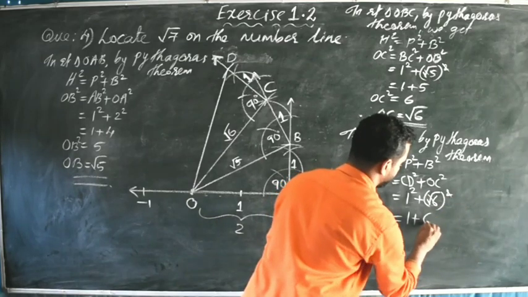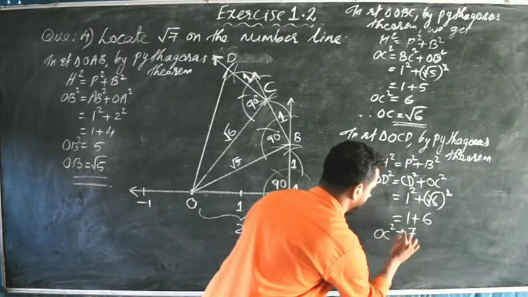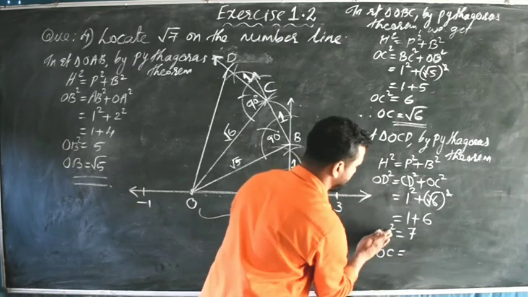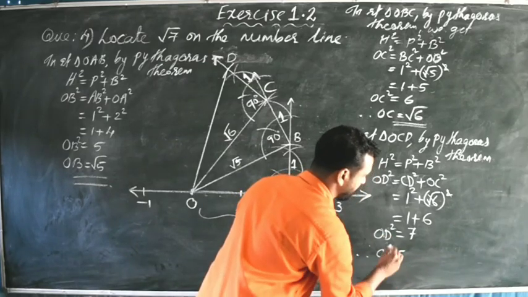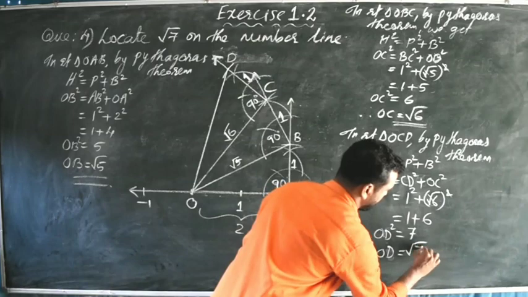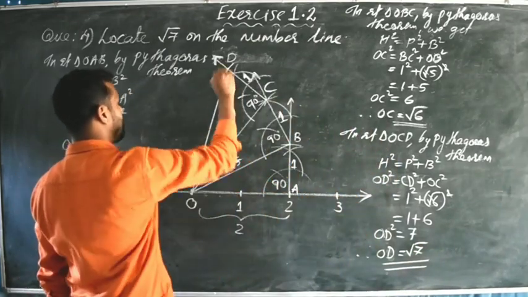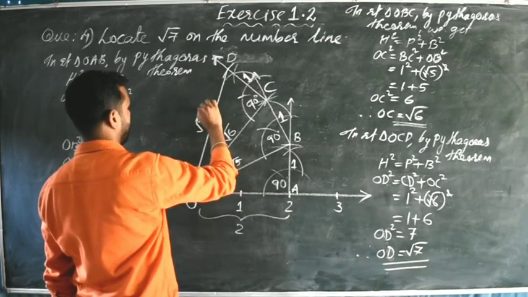Square root square we can cancel, 6. 1 plus 6 is equal to 7. That is OD square. Therefore OD is equal to, squares transposing to the other side, it will become square root of 7. Therefore OD is equal to how much centimeter? Root 7.